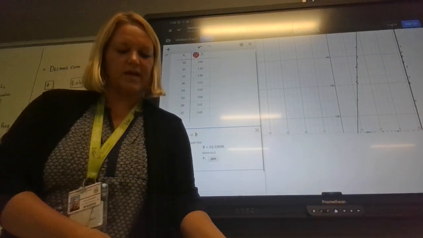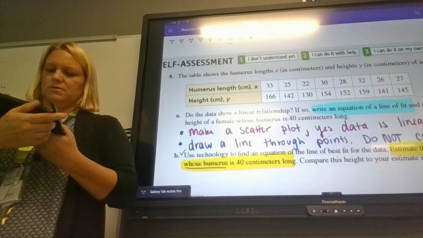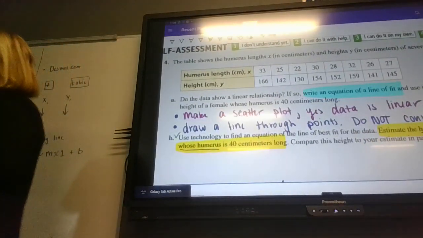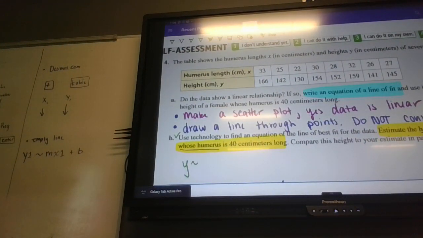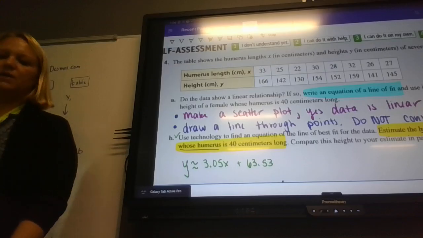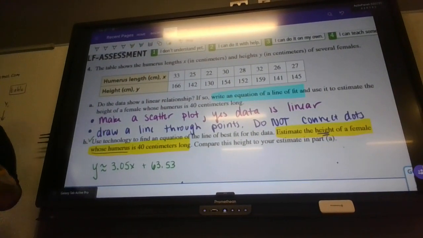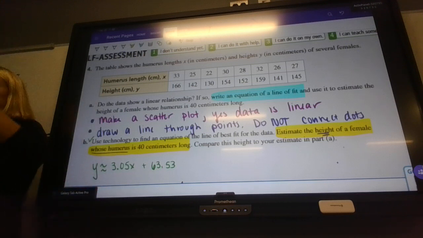Okay, let's go back to the question. So our equation is y is approximately 3.05x plus 63.53. Now it's going to say estimate the height of a female whose humerus is 40 centimeters long. So you have to write the equation and then you will have to use the equation.